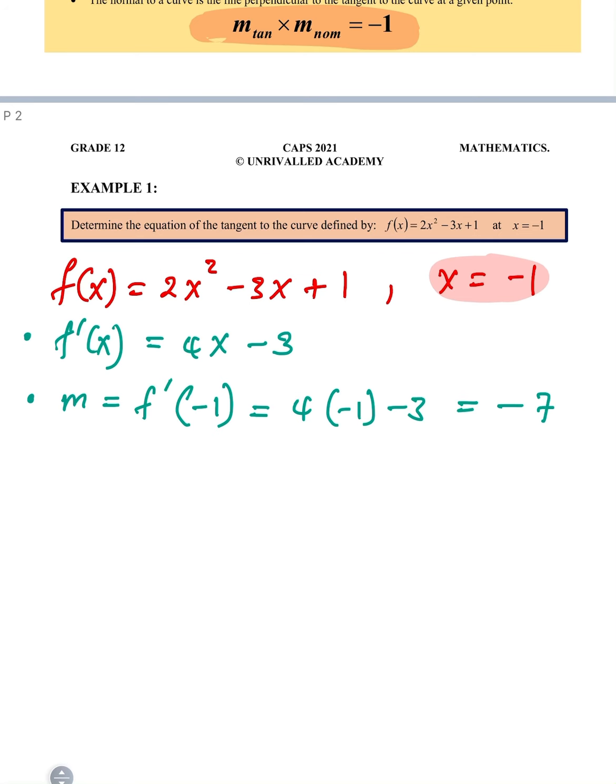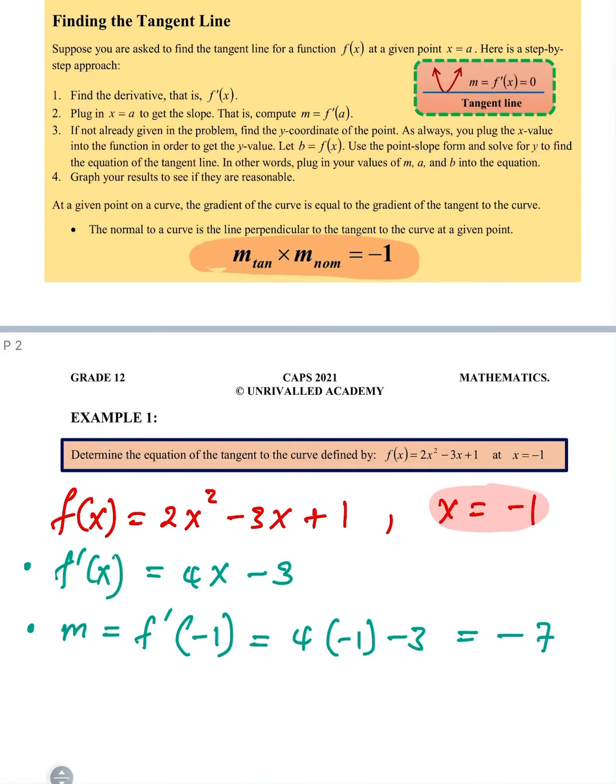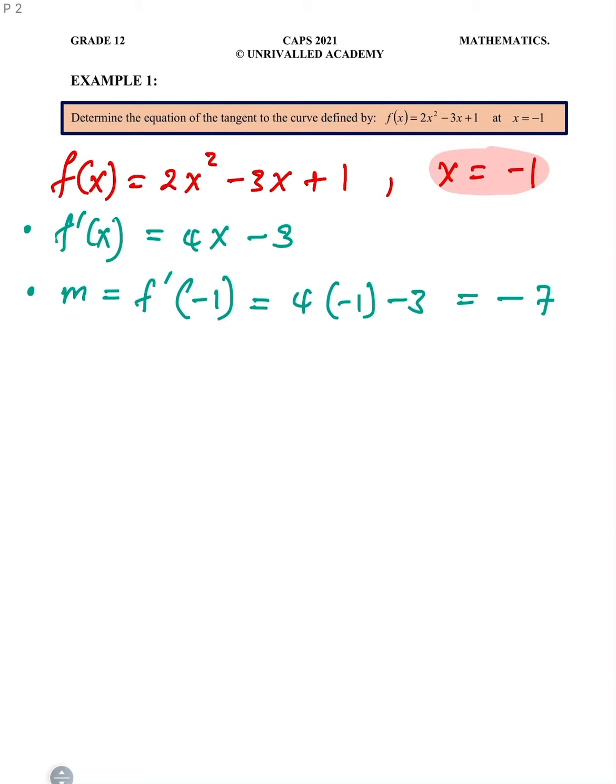Then thirdly, what are we looking for? We're looking for the corresponding y value of the point of contact when given the x coordinate of that. How do we do that? We say, well, remember that we have the formula that we know in function, that y equals f at x. This plays a larger role, and I presume that most students know this equation.